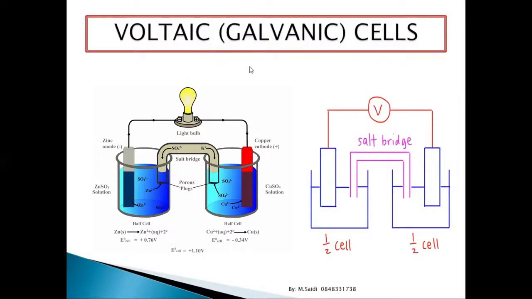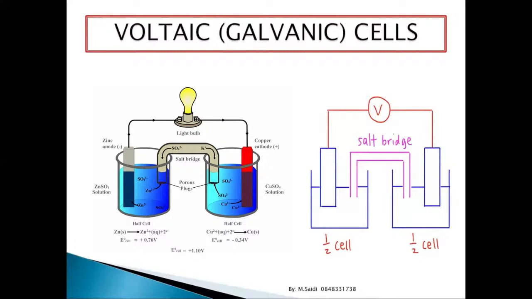Last time we talked about electrolytic cells. We said that electrolytic cells require an external battery. If it requires an external battery, it means they are not spontaneous; they cannot continue on their own. They have to be with an external battery which can supply energy to them.